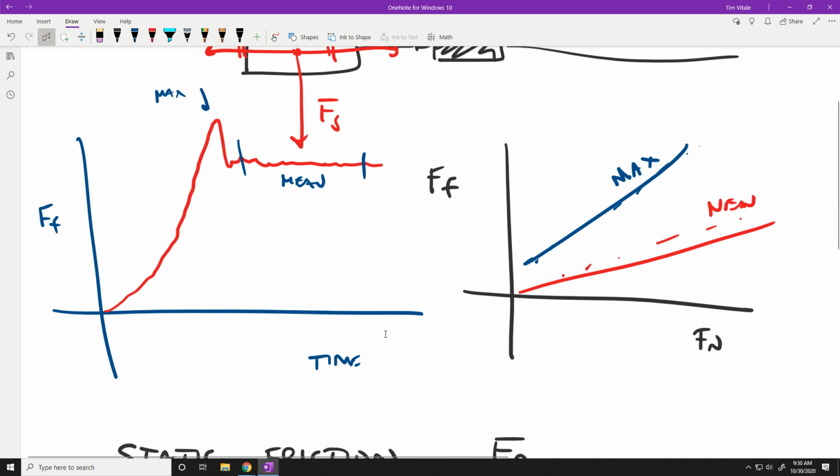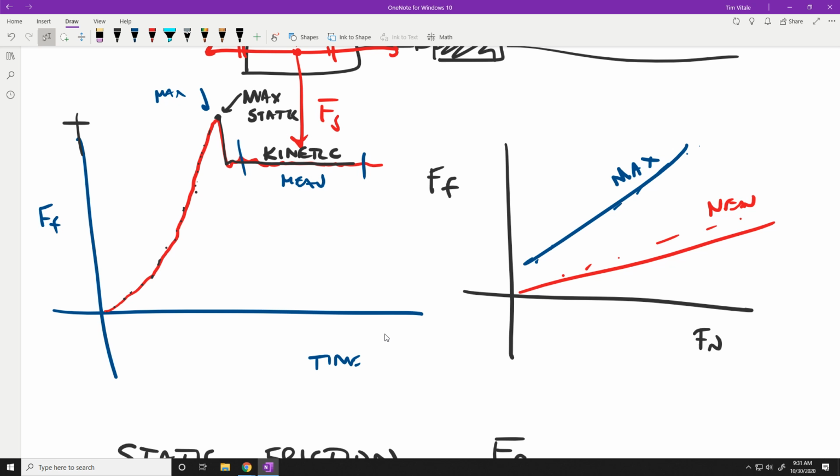So by looking at this graph, it tells us that all along here, the friction was matching the applied force. But then once the applied force became so great, whatever this force was right here, then once it started to move, the friction dropped to a steady whatever this is. So this right here is the kinetic friction, and this right here is the max static friction.